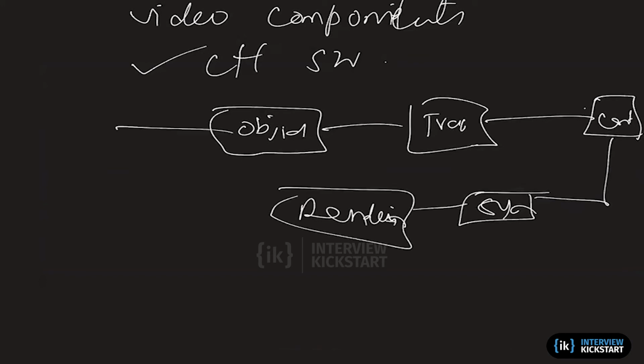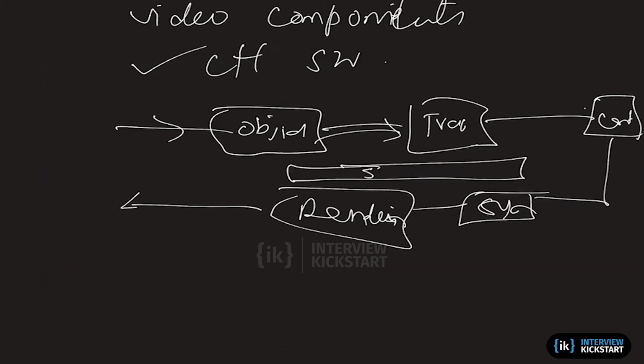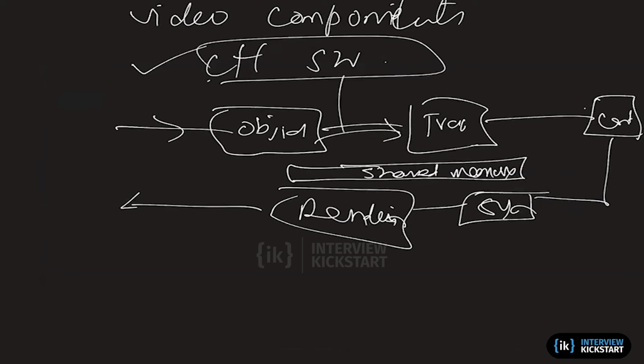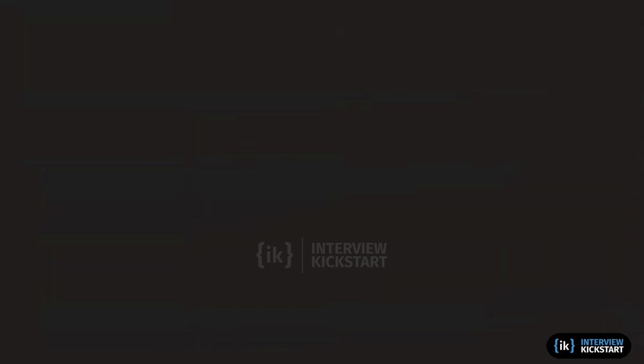This is the main data path, right? Of course, in the architecture there may be shared memory for all the various hardware. So the control software is the one which coordinates the various things, right? That is where you should focus in such design questions. Because these are very specific to the platform, whereas the control functionality is more about coordination. So you need to focus on what needs to be coordinated.